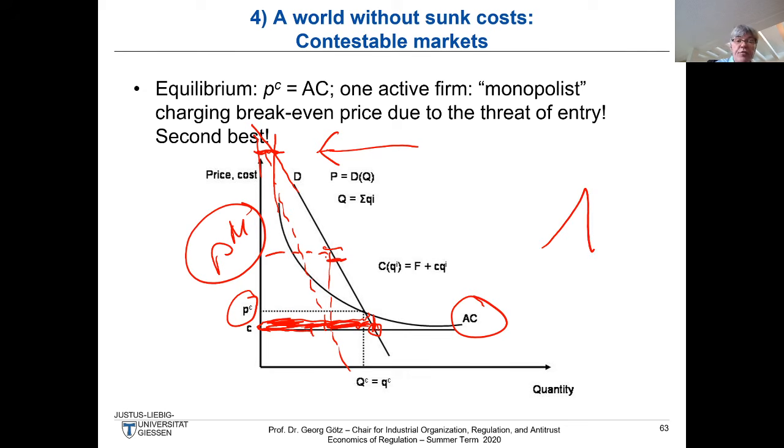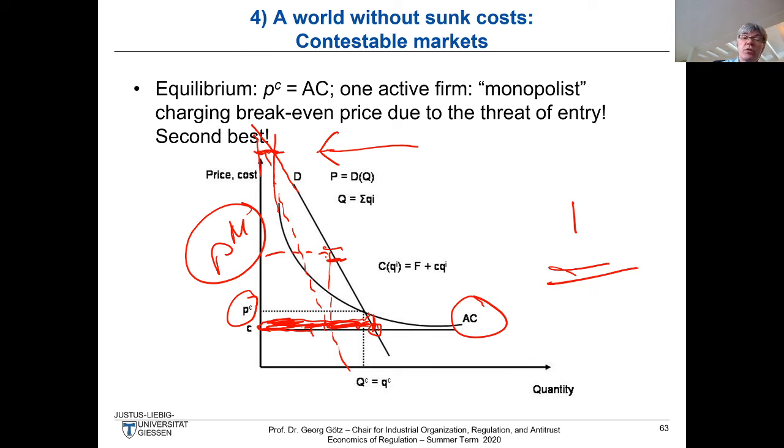Only one. You have realized all economies of scale. And why does this single firm being active in the market charge only the price equal average cost and not a higher price? Because of potential competition. One firm is in a market.